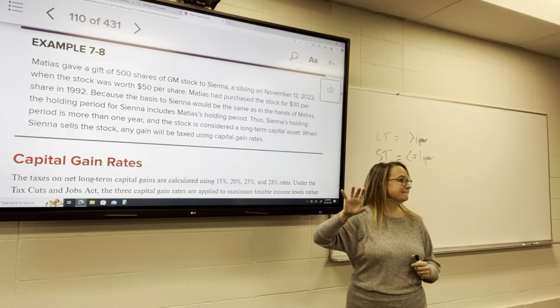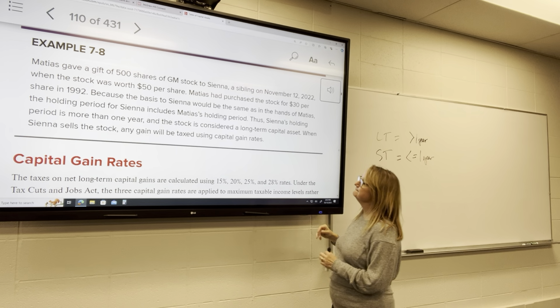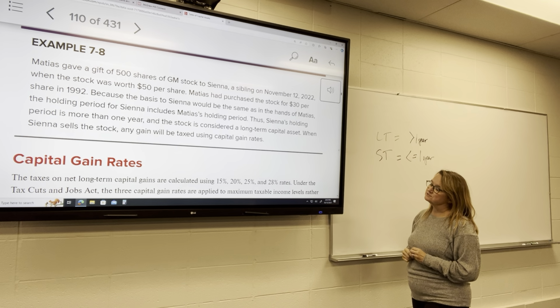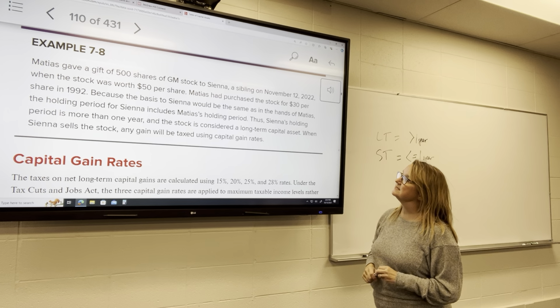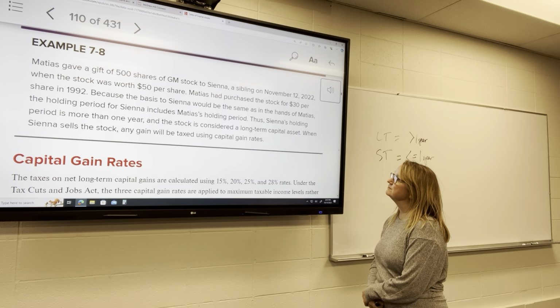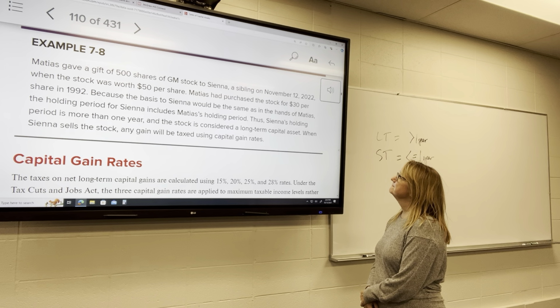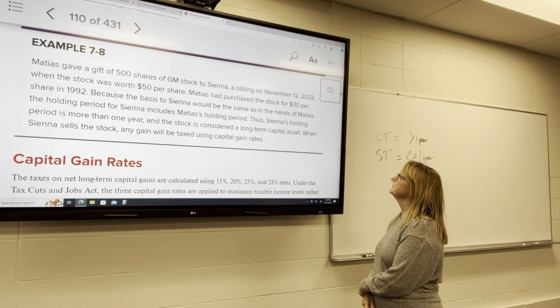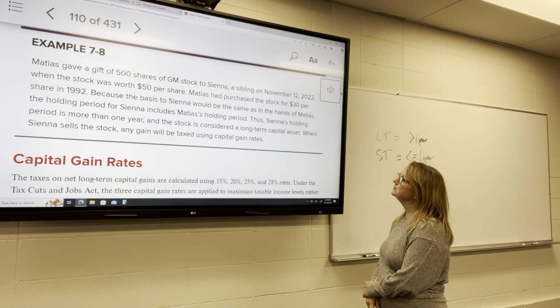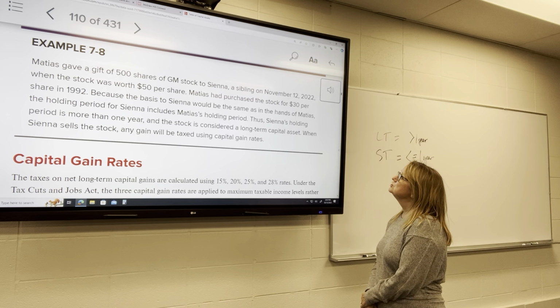Let's look at this example here. Matthias gave a gift of 500 shares of General Motors stock to Sienna, his sibling, on November 12th, 2022, when the stock was worth $50 per share.